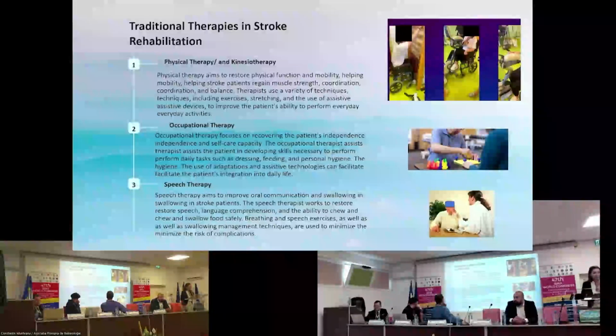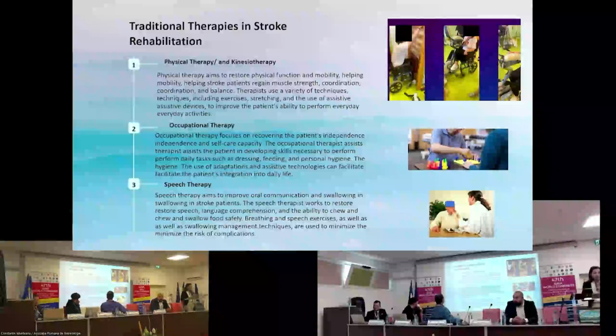Once again, physical therapy aims to restore physical function and mobility, helping stroke patients to regain muscle strength, coordination, and balance. Therapists use a variety of techniques, including exercise, stretching, and the use of assistive devices to improve the patient's ability to perform everyday activities.